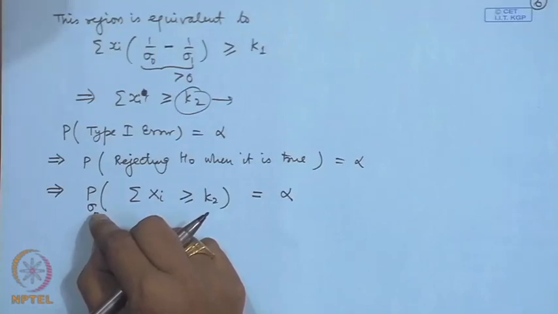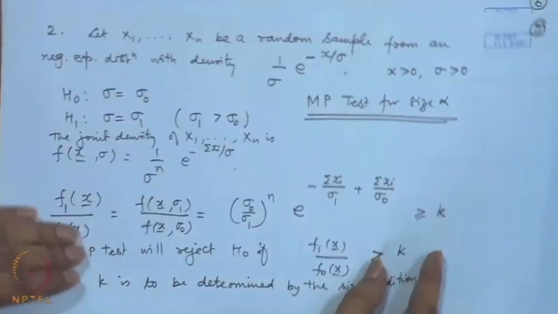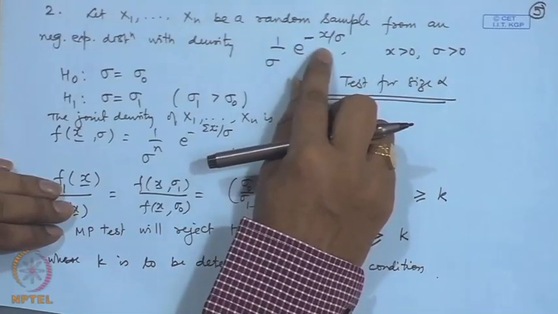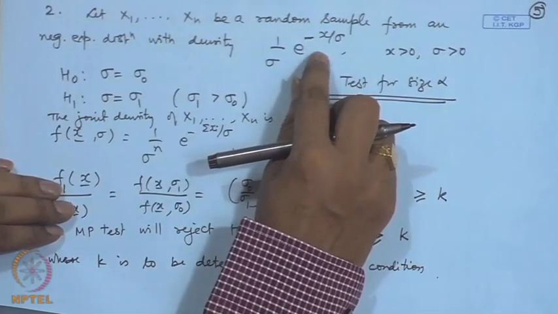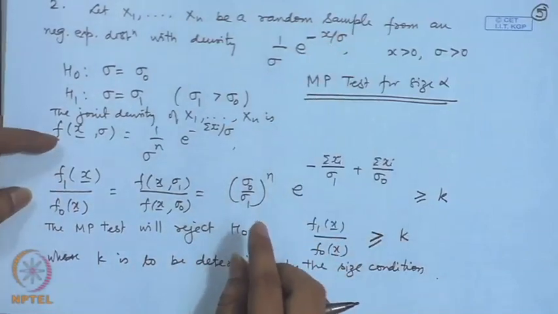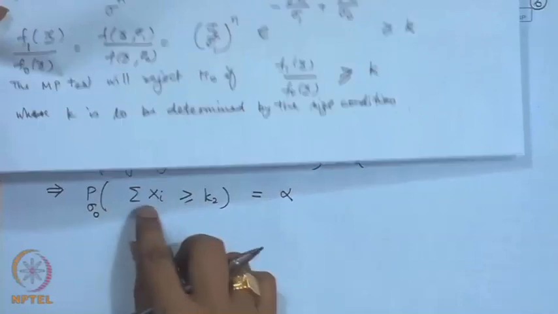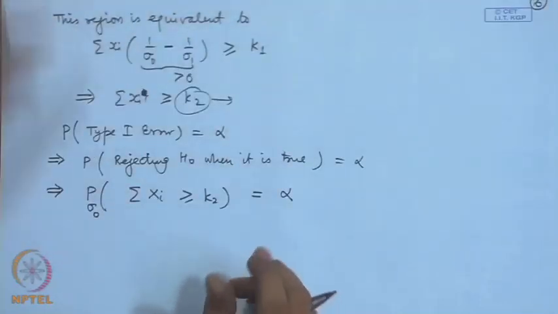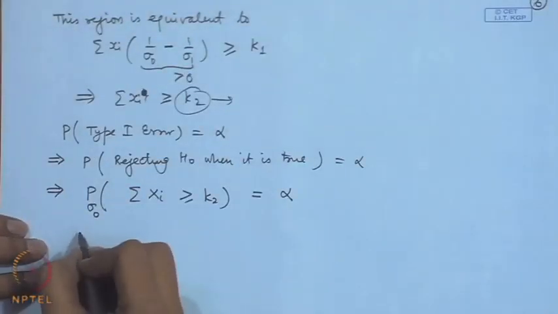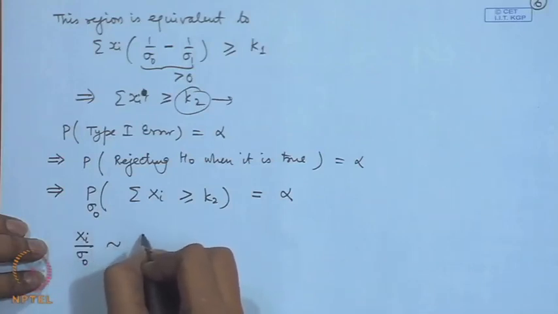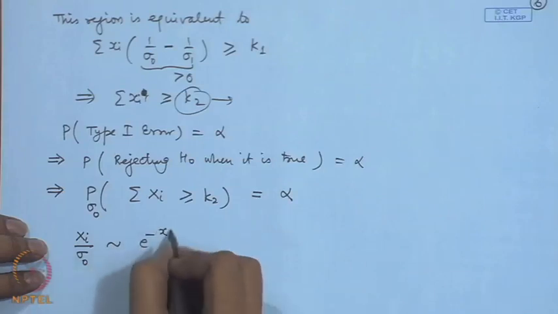Now, we know that the sum of independent exponentials of this nature is actually a gamma. So, we can consider the derivation of the constant k2 based on this. So, let us look at this. If I consider say X_i by sigma naught, then that will follow exponential with parameter simply 1.